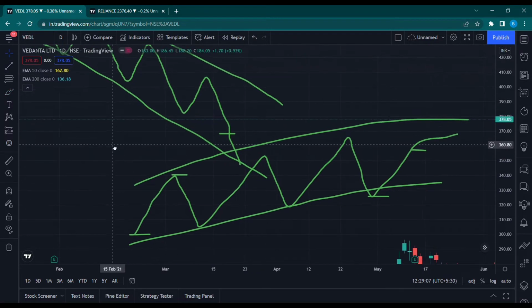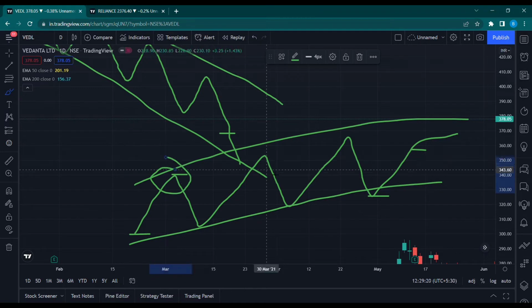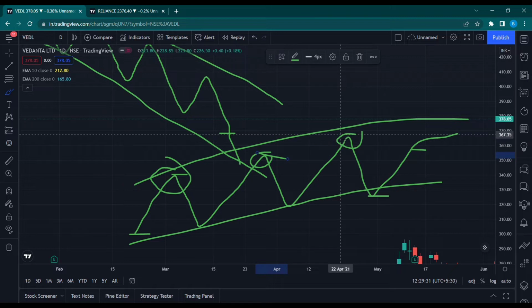Let's understand it in a better fashion. In an uptrend, you see prices making highs and then higher highs and again higher highs. Each time a high is created, meaning upside peaks, it is higher than the previous high.